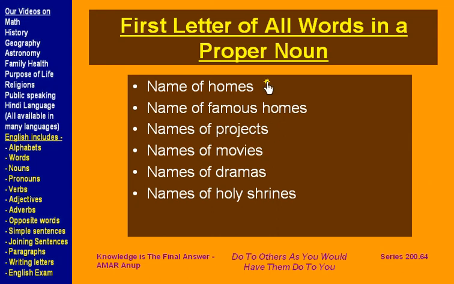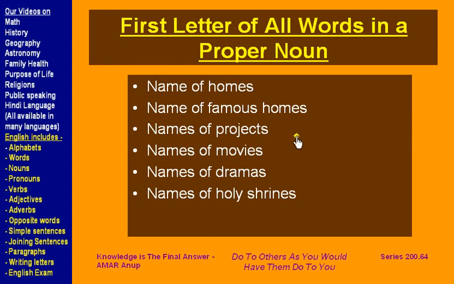So names of homes are capitalized because they become proper nouns. Home is a common noun. When we say White House, it's a proper noun. So the names of famous homes, names of projects, like we say Nangal project, so N is capitalized. Names of movies, dramas, holy shrines, they are not common nouns, because once you name them they become proper nouns.